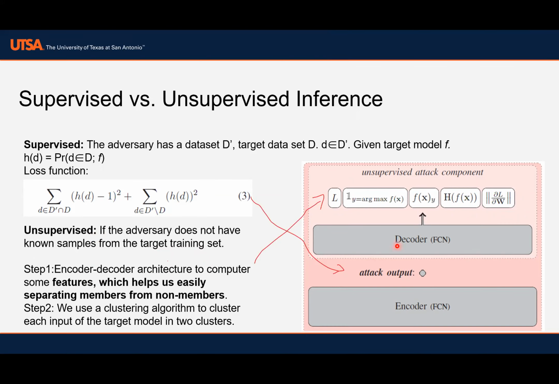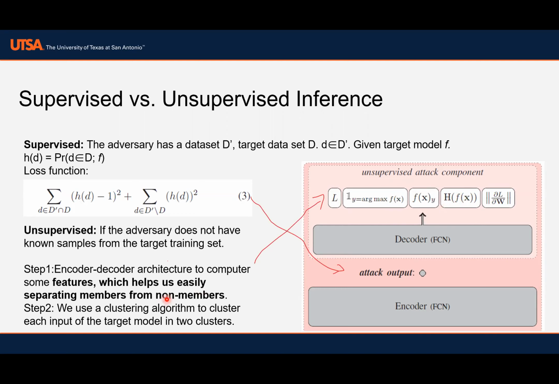First, they use the encoder and decoder architecture to compute some features. For example, maybe he would calculate the loss, the gradient norm, and the cross entropy.